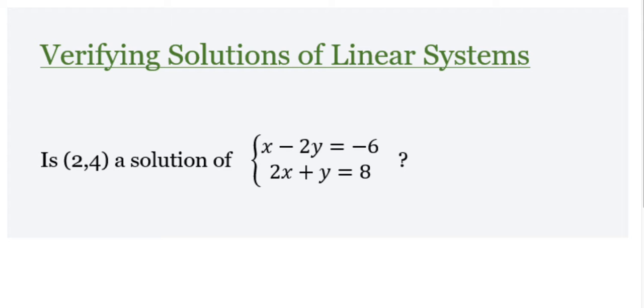Can anybody think of a quick description on how we know if numbers work in an equation? Like if you plug them in, then you'll get the right outcome. Like if you put the numbers in, it would equal -6 or equal 8.